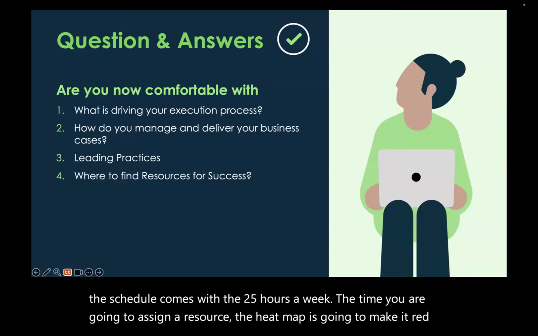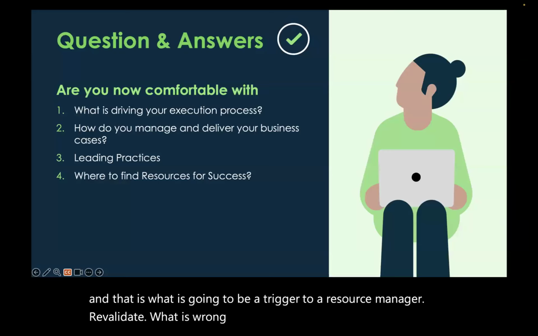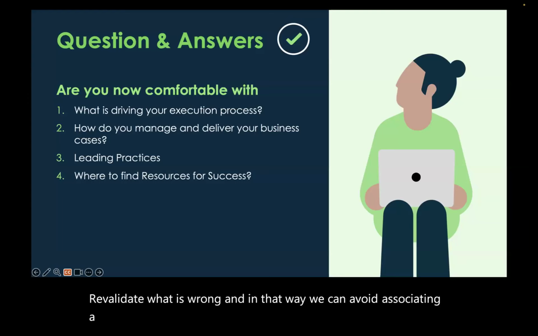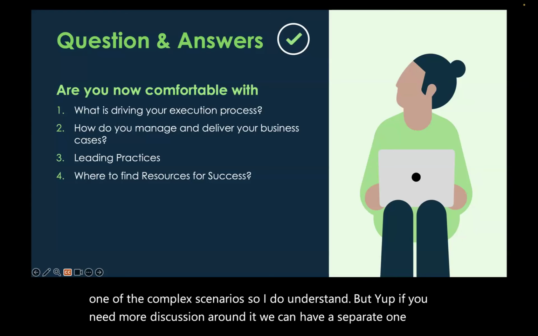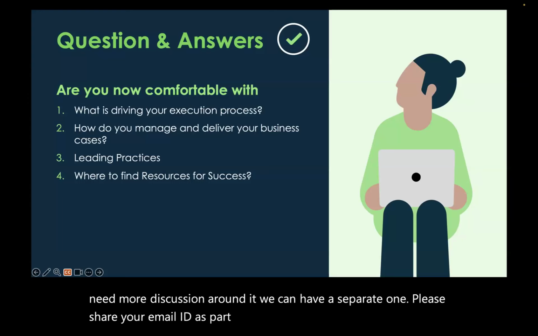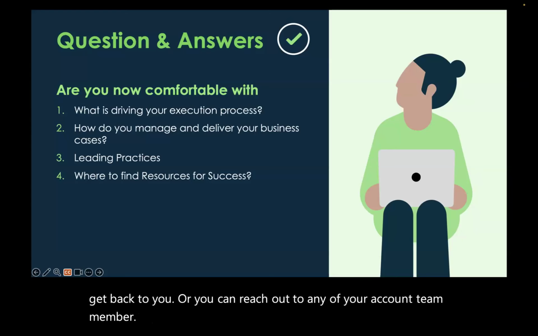And that is what is going to be a trigger to a resource manager to revalidate what is wrong. In that way, we can avoid associating a resource to a task where they are going to be over allocated. But it is one of the complex scenarios, so I do understand. If you need more discussion around it, we can have a separate one. Please share your email ID as part of the survey, and we will be happy to get back to you, or you can reach out to any of your account team members to discuss more on this one.